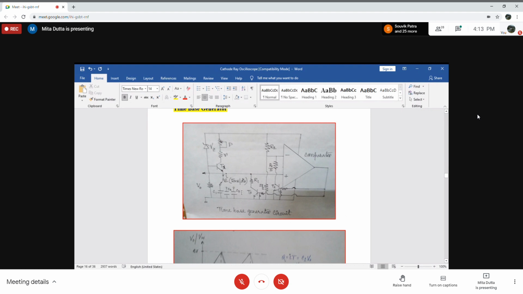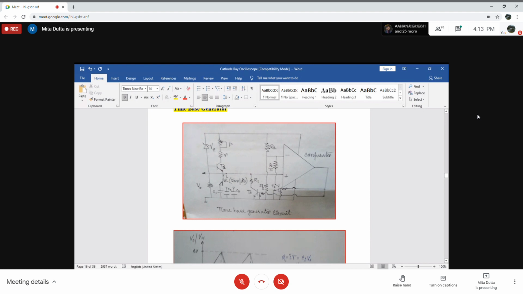Look at the figure carefully. From here V0 is the voltage across the positive input terminal of the comparator, as well as the voltage across the different capacitors C1, C2, C3 and so on.